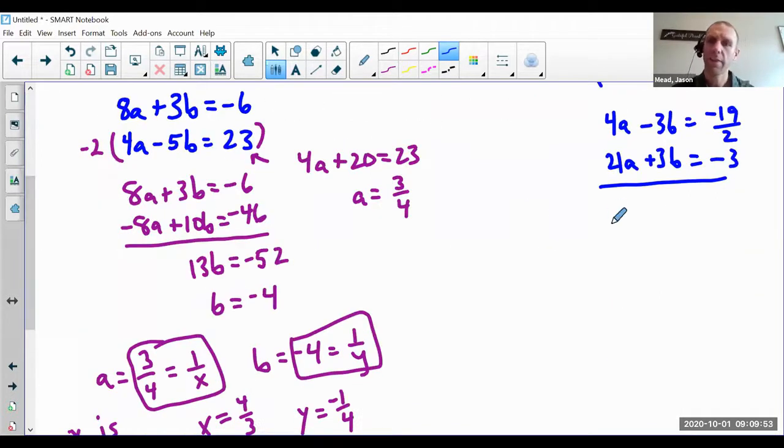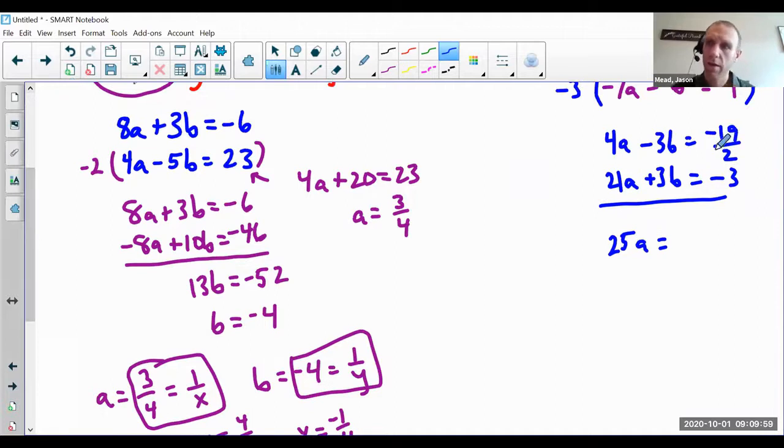Then I add these, I get 25a, the b's cancel, and negative 19 over 2 minus 6 over 2, because 3 is really the same thing as 6 over 2. So this becomes negative 25 over 2. If I divide by 25, I get a equals negative 1/2.